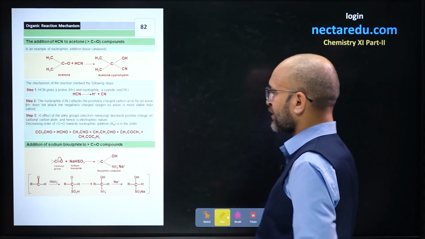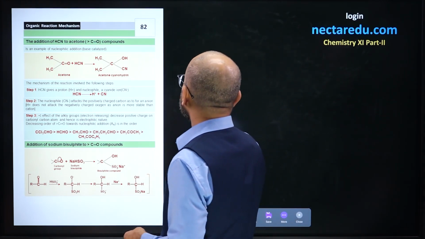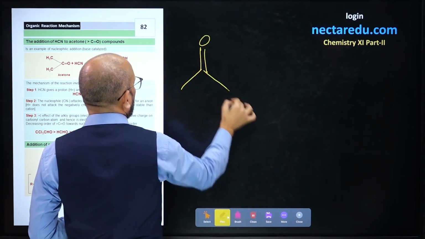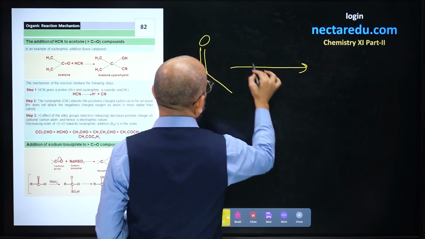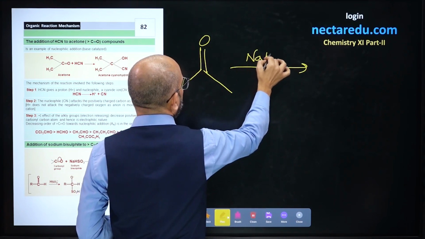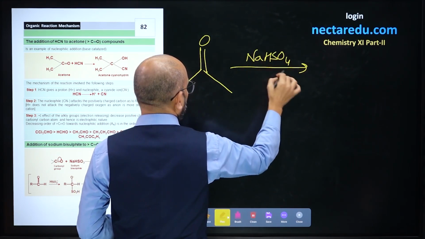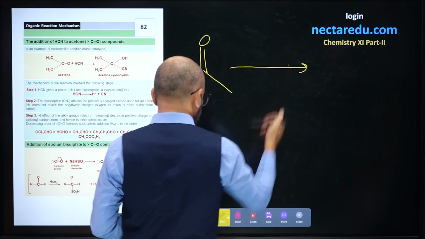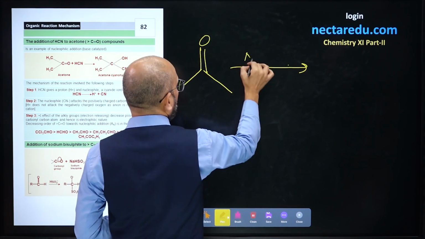Next, we have another reaction with sodium bisulfite. So what happens here is, if I take a carbonyl compound, you have sodium bisulfite. Sodium bisulfite is NaHSO3. So how does it ionize?